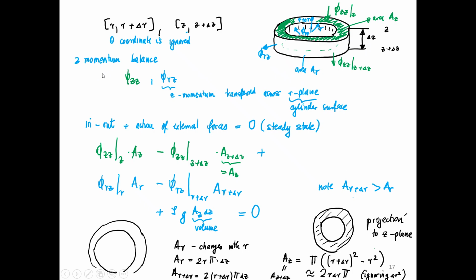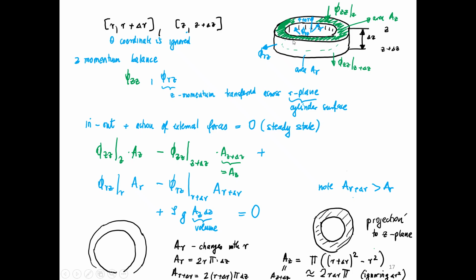And we got busy basically balancing the z momentum balance. We have phi, which is my combined momentum transfer tensor, and we are considering now for z momentum how z transfers across the z plane, so this is in this direction, and how z transfers in the r plane, which is in this direction.